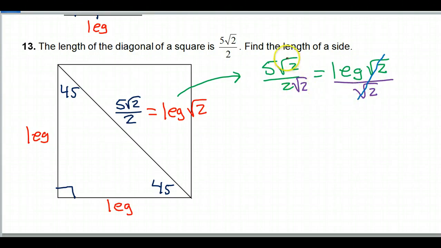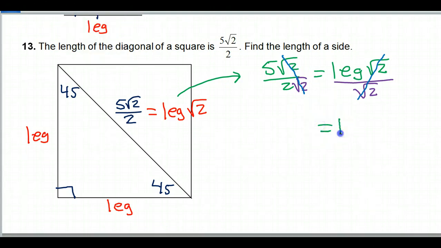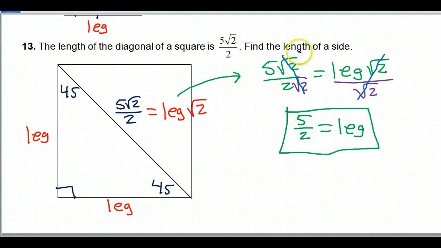So the radical 2 comes here, then you can quickly see that those radical 2's are just going to cancel each other out. And so that's going to give us that the leg is equal to 5 over 2. And that's what we were trying to find, the length of a side. We were trying to find the leg. So the answer is 5 over 2.